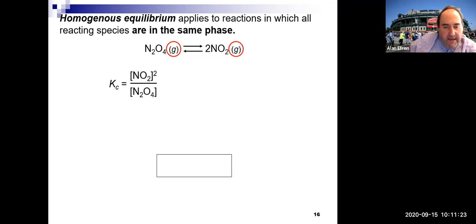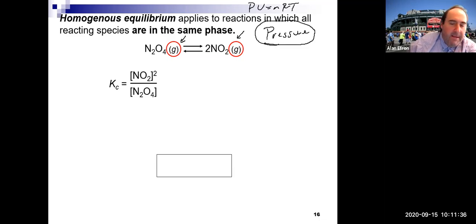But since these are actually gases, when we think about gases, we do think about pressure as well. Our good friend PV equals nRT. So we could think about pressure. And sometimes when we're dealing with gases, we may be following the actual pressure change. So we could write an equilibrium expression that deals with pressure. And it's the same thing.